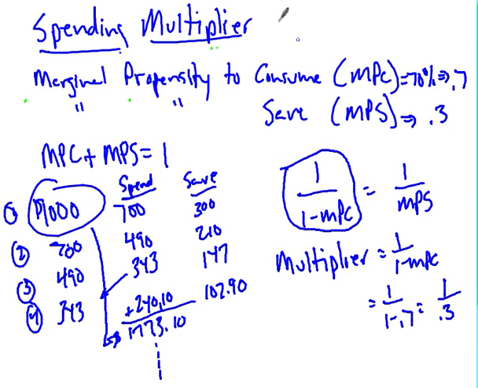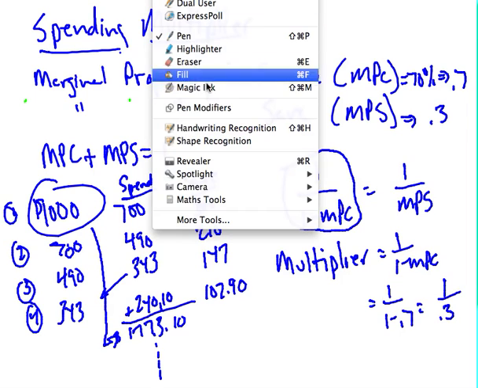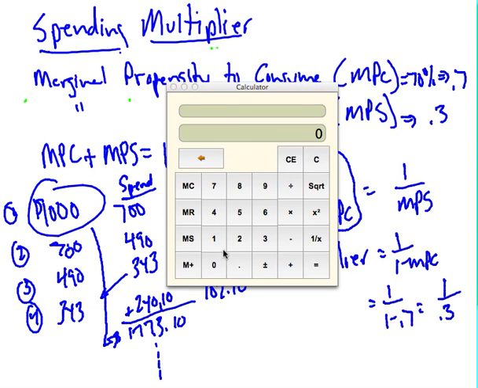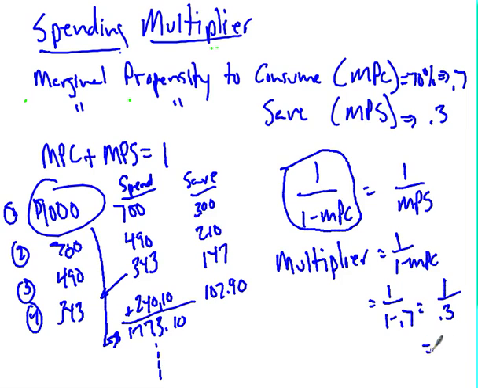And 1 divided by 0.3, I should have done an easier one. All right, 3.33. So that is our multiplier.